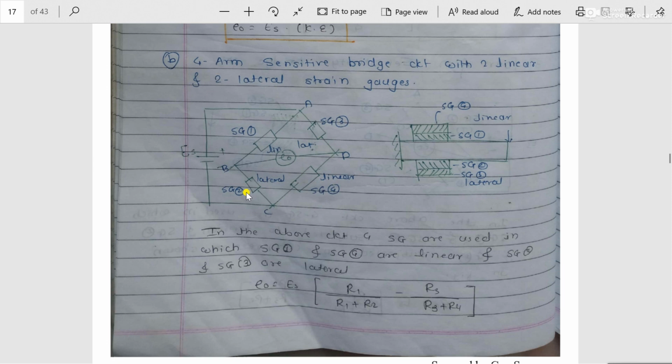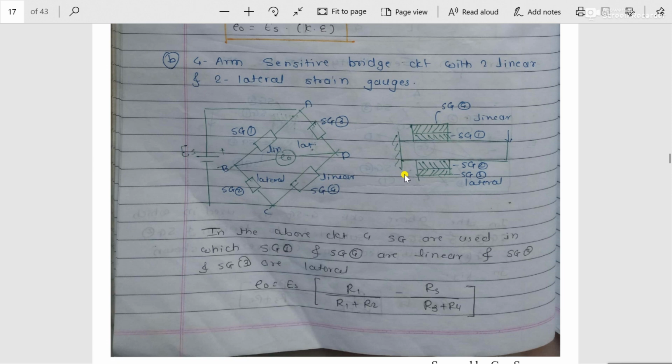Strain gauge 2 and strain gauge 3 are in front of each other, and these are lateral strain gauges. In addition, strain gauge 1 and strain gauge 4 are subjected to tension, which is represented by this cantilever beam, while strain gauge 2 and strain gauge 3 are subjected to compression, which is also indicated by this cantilever beam.